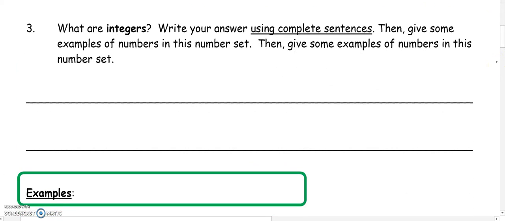What are integers? The next group of numbers that we started to learn about were integers. Integers also include negative numbers. So integers are the whole numbers and their additive inverse, which is the negative.